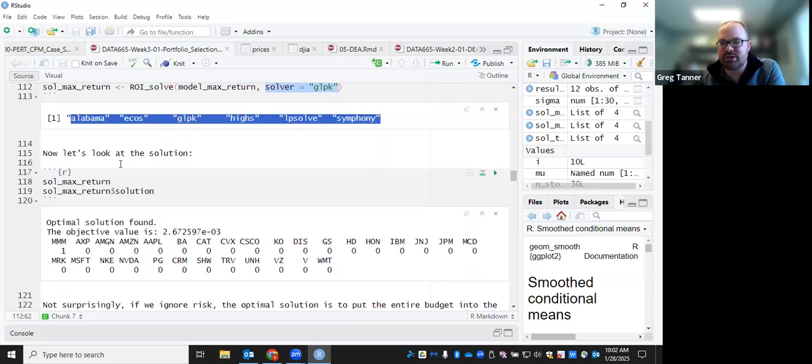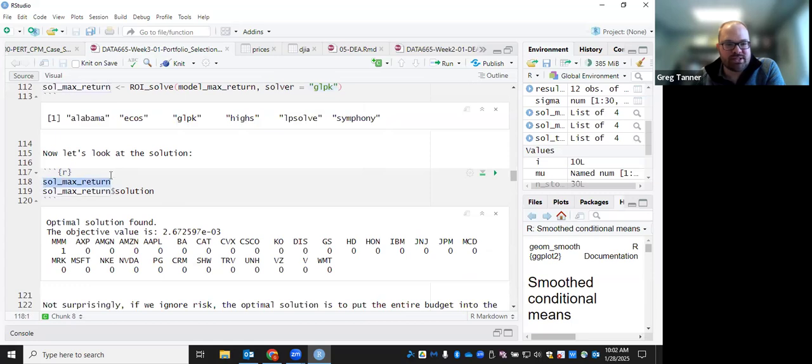Now let's look at our solution. Pretty similar to how we accessed our solution before when dealing with OMPR, if we just type in this, it will tell us the status, which is optimal solution found, and tell us the objective value, which in this case is 2.67 times 10 to the negative 3.